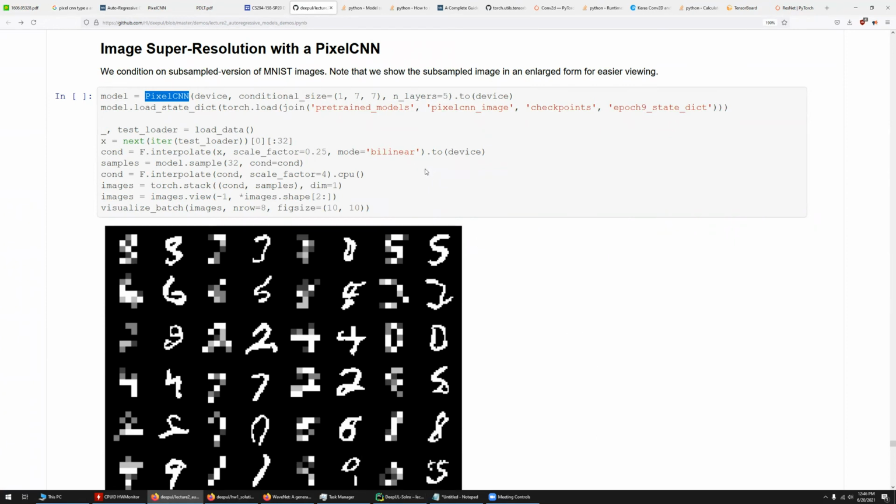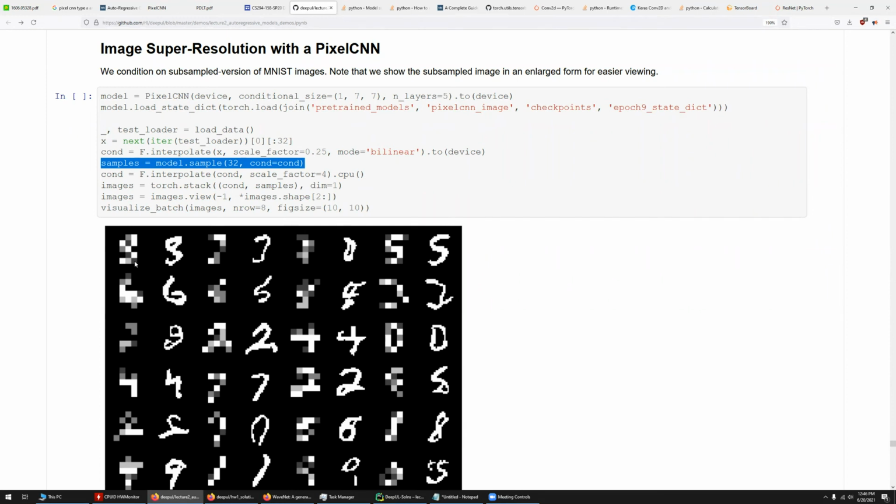I have to debug it. But basically, you take a 3, and then you use interpolate to make it very blocky. You pixelate it, and then you pass it through PixelCNN and see what happens as a sample, and see if it fixes it or not.